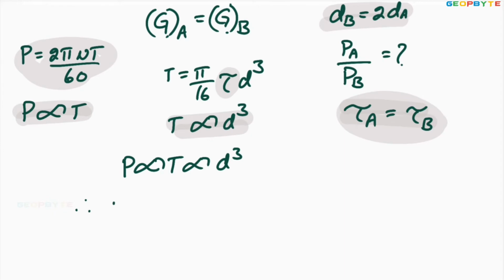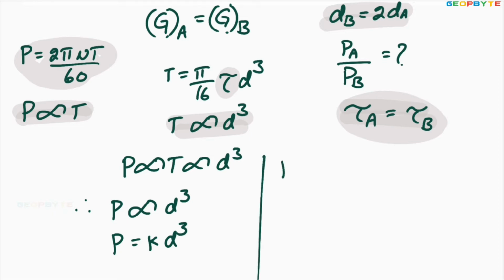Therefore power P equals a constant into d cube. Power transmitted by shaft A equals constant K into dA cube. Similarly, power transmitted by B equals K into dB cube.